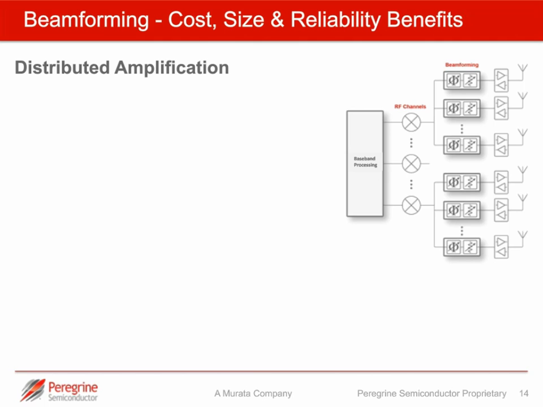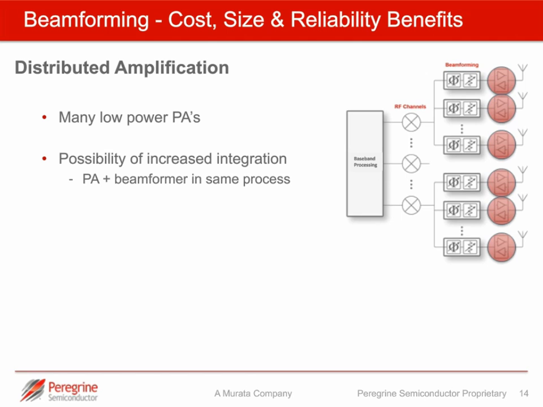Another possibility and opportunity that beamforming creates is distributed amplification. What we do, as we show here, is we have multiple PAs, and the benefit of having multiple power amplifiers is the output power of each PA element is much lower.